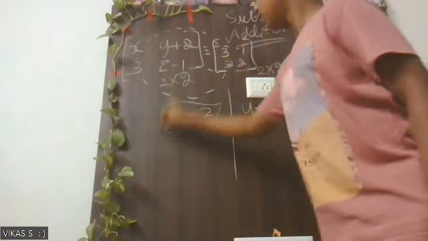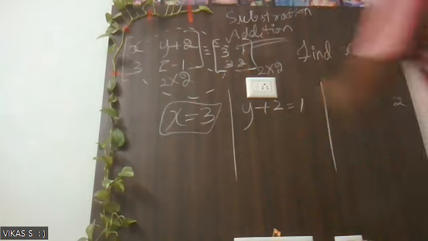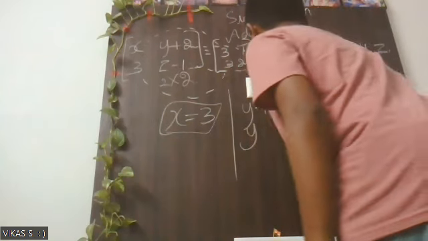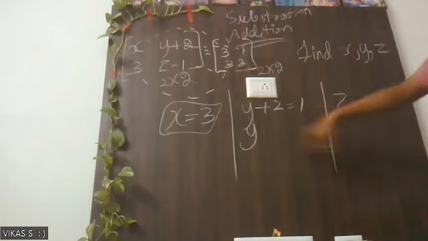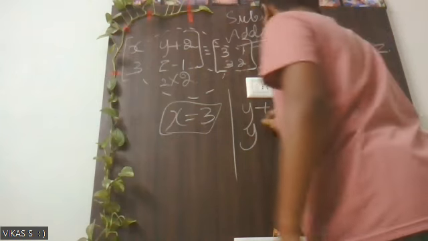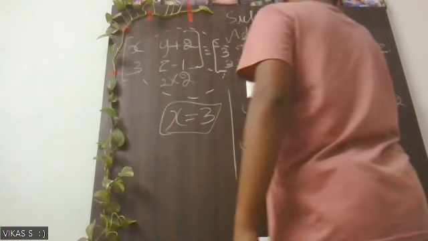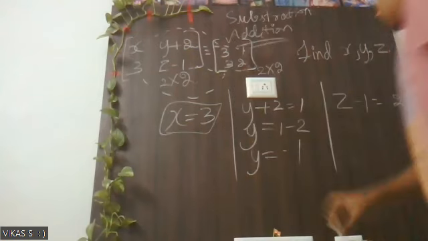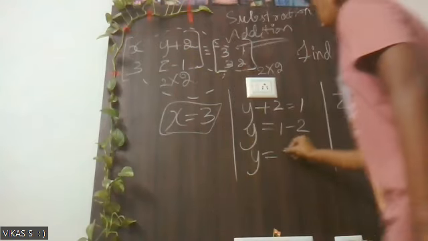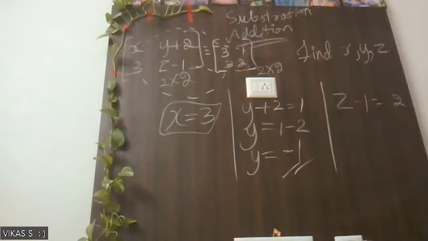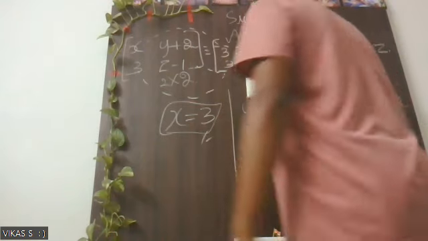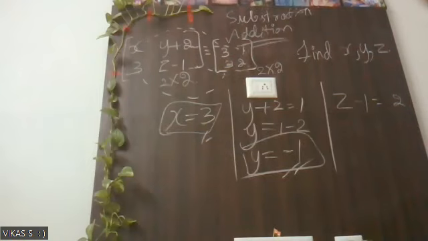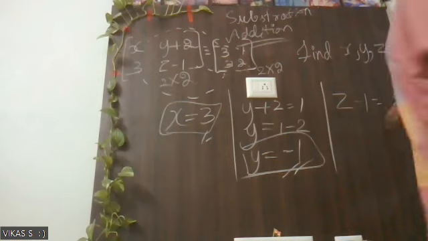X we already found. Here, plus 2 will go that side, it becomes minus 2. So equals 1 minus 2, answer will be minus 1. Right? Then z minus 1 equal to 2.